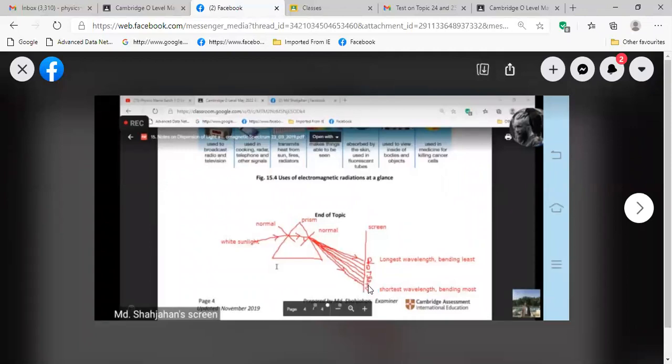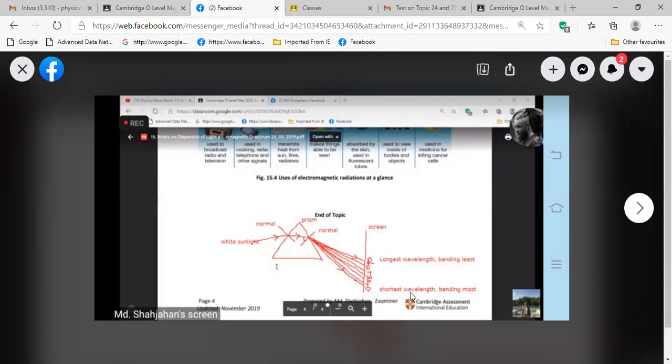Violet, indigo, blue, green, yellow, orange, red.